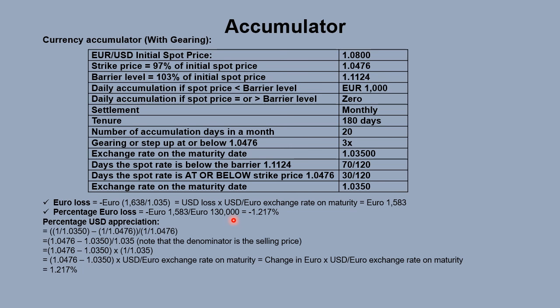This is because the percentage appreciation in USD is 1 divided by 1.035 minus 1 divided by 1.0476 divided by 1 divided by 1.0476. Simplifying, this comes to 1.0476 minus 1.0350 into the USD euro exchange rate on maturity. This is basically the change in euro terms multiplied by the USD euro exchange rate on maturity, and this comes to 1.217%.